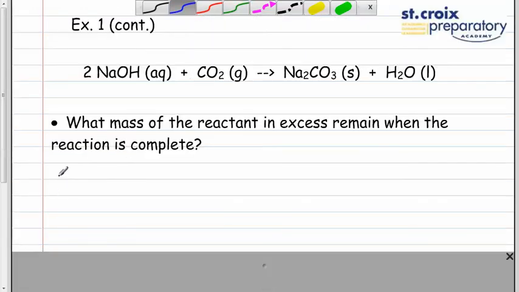So the next part of the question asks us, what mass of the reactant in excess remains when the reaction is complete? Remember that we determined that sodium hydroxide was our limiting reactant and carbon dioxide gas was our reagent in excess. So we need to start with our amount of sodium hydroxide, which was 1.85 moles of sodium hydroxide.